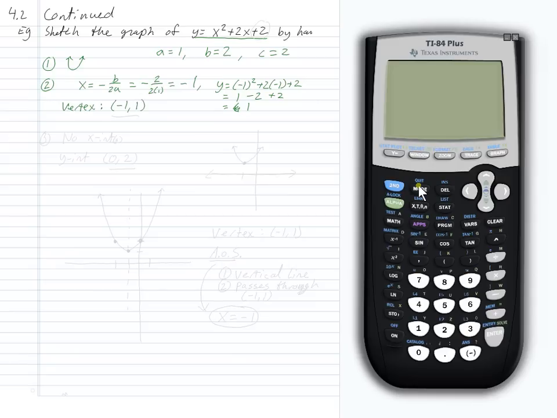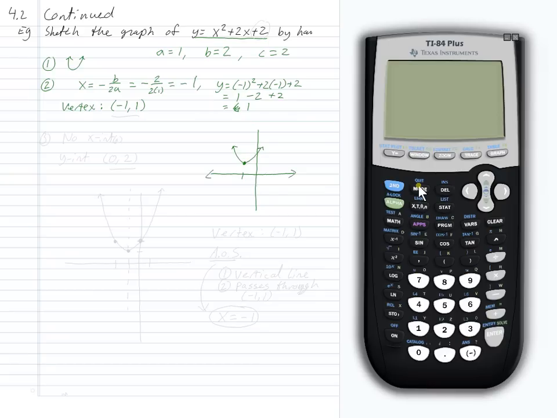Alright, so let's just sketch this out and see what we're dealing with. We've got a vertex at -1, 1, and our parabola opens upwards. We are certain of that. Now, looking at this graph, there's absolutely no way this parabola is going to intersect the x-axis.